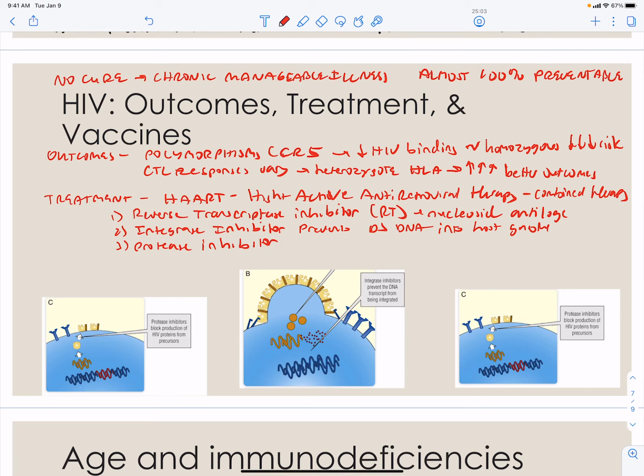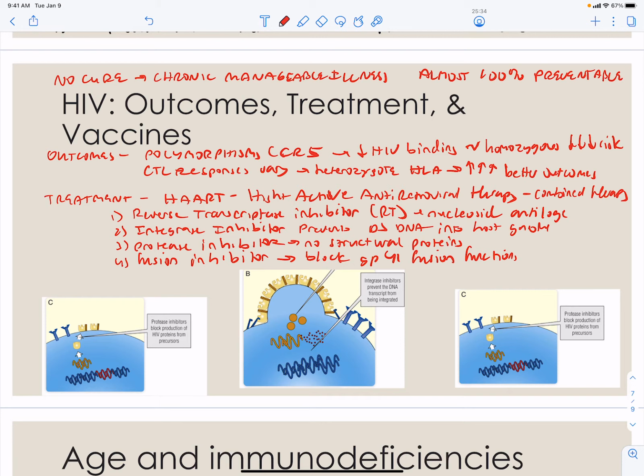And this, of course, is going to not allow any structural proteins to be made. And then you're going to have a fusion inhibitor. And this is going to block GP41 fusion functions.